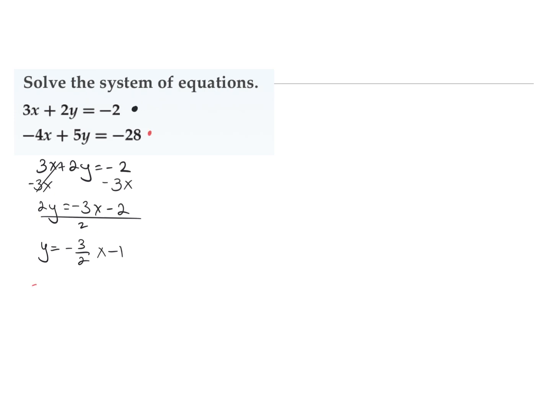Now I'm going to do the other one in red. I'm going to get -4x plus 5y is equal to -28. So you would start by adding the 4x, and you get 5y equals 4x minus 28. We'll divide by 5, and we get y is equal to 4/5 x minus 28/5.